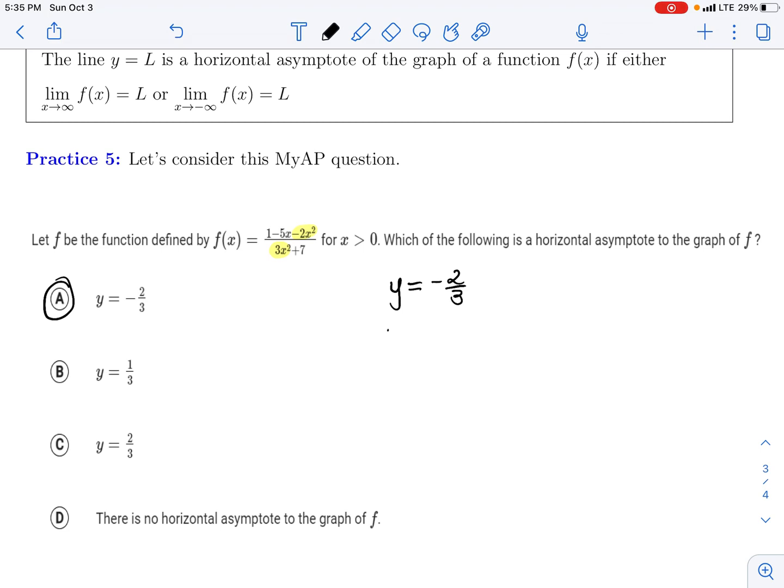All right, another note that you want to make is that if I consider the limit as x approaches infinity of f of x, that would equal negative 2/3. And then if I consider the limit as x approaches negative infinity of f of x, that would equal negative 2/3 as well.